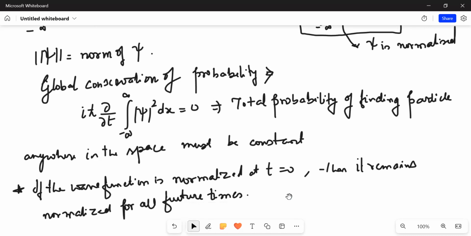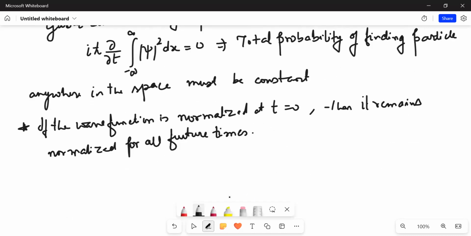So why is it so? Whenever we have to find the normalization constant, let's say A belongs to C, and if we want to normalize our wave function, we multiply with this, and to see that it is normalized, we take the norm and equate it to 1.